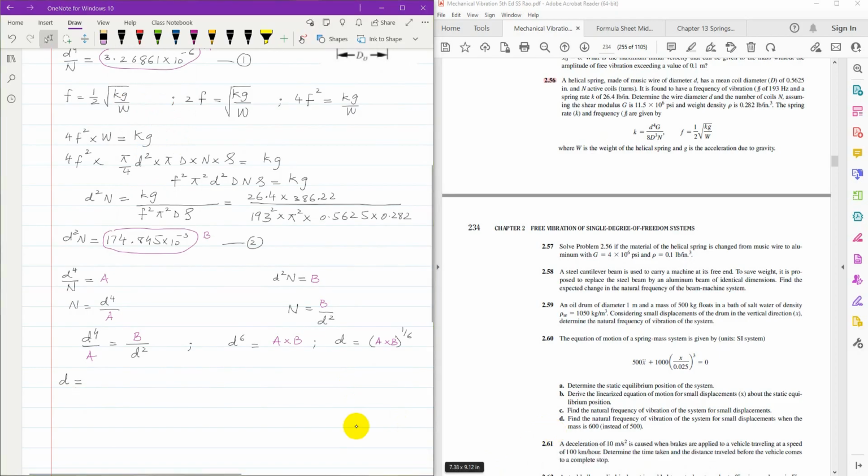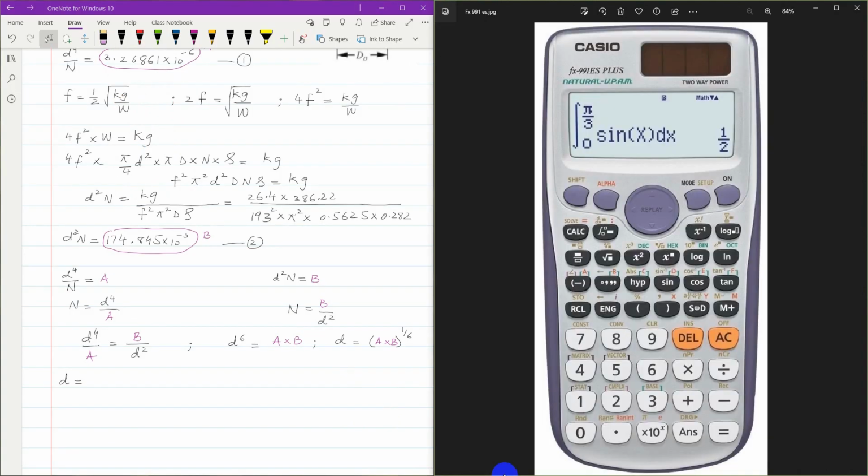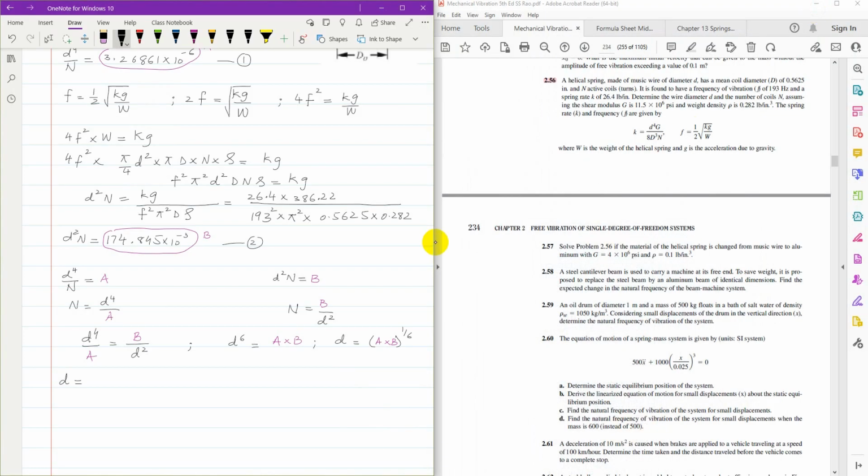Okay, so a and b, you can recall these values from the calculator where you have saved them. With alpha and a, you can recall it, times alpha and b, you can recall it, or otherwise you can substitute the values of d raised to the power 4 over n from equation 1 and d squared n from equation 2.